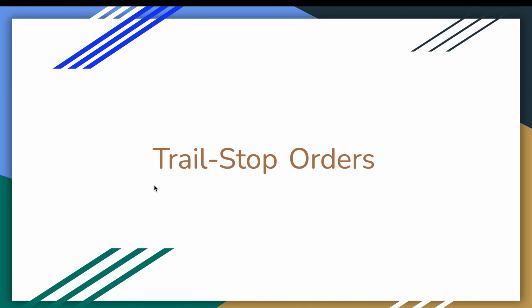As the stock moves up with a trail stop order, as the stock or the option moves up, the stop order moves up along with it. So say you have a dollar trail stop in place, and your option or stock goes up $1. Now if it came back, the worst case you're going to be at is break even.